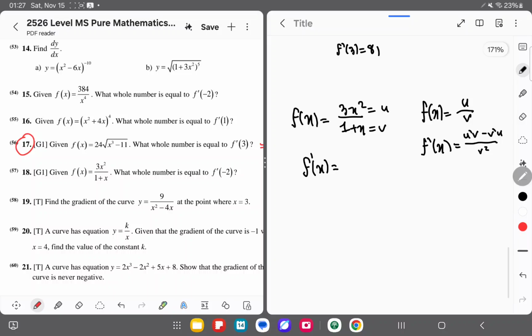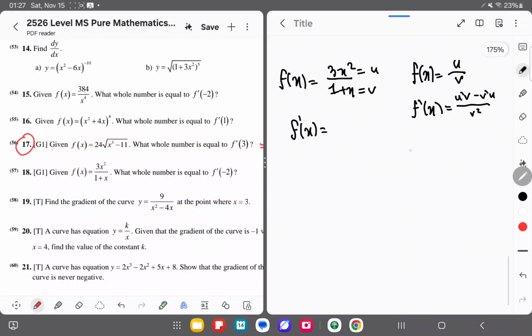So now we'll do just that. We find each value separately. u is equal to 3x squared, u prime is equal to 6x, v is equal to x plus 1, v prime is equal to 1.